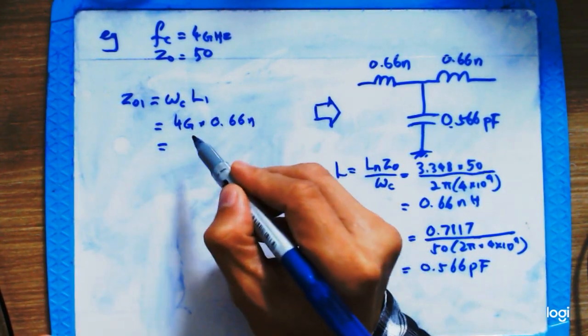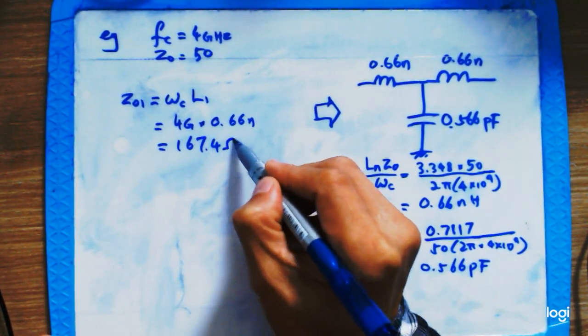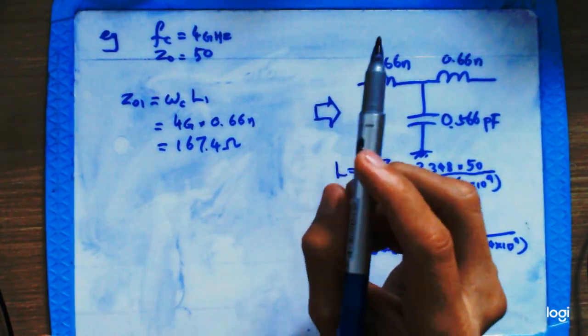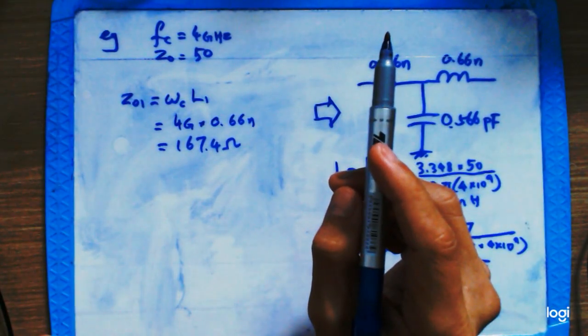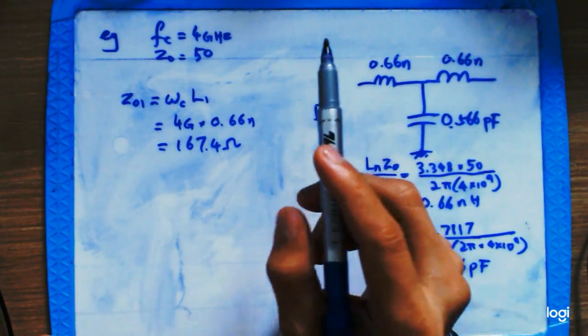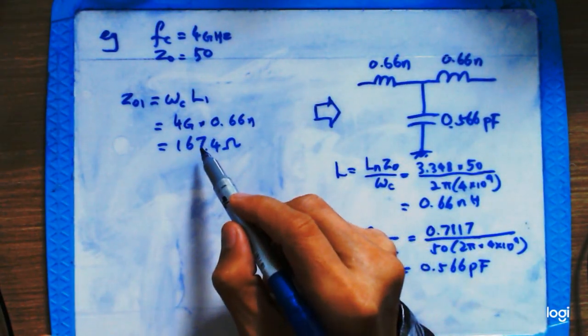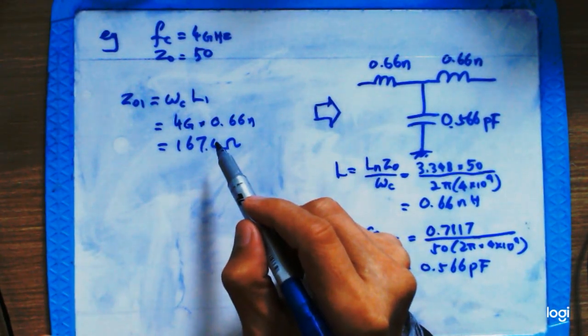You work out carefully, you've got 167 ohm. So this is the required inductor impedance. This will be the required impedance of the short circuit stub.